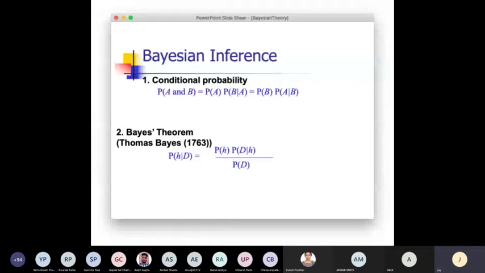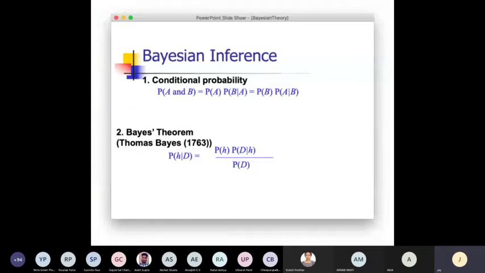We have already defined the joint probability of two events, A and B, and that can be expressed in the form of conditional probabilities with respect to the other event, as you can see in the very first expression. It could equivalently be expressed as either probability of A multiplied by probability of B given A, or the other way, probability of B multiplied by probability of A given B.